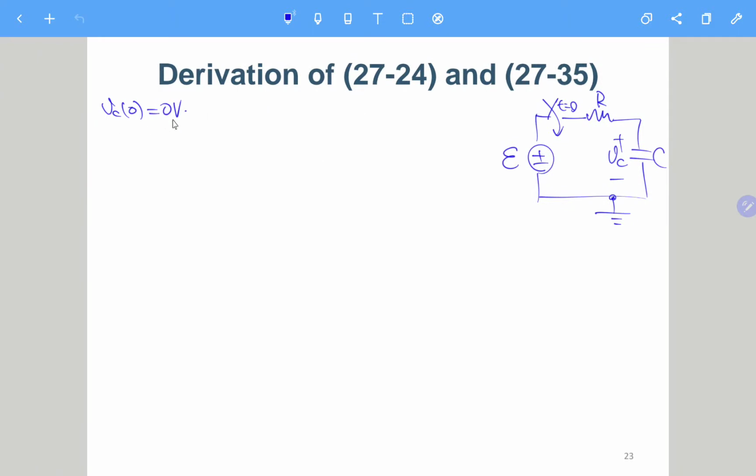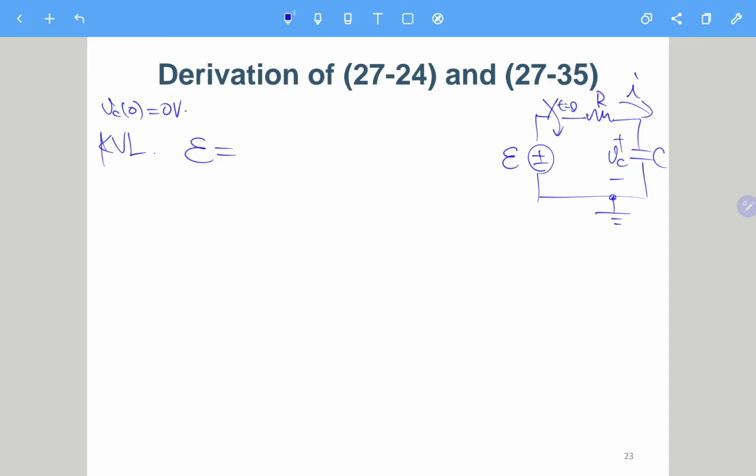Okay, so here we try to write the KVL. Starting from this node and then going up to here, we have E. E is a constant. Okay, so here we consider this current I going in this way, and if you still remember, I already told you that the current going through the capacitor is C times dVc/dt.